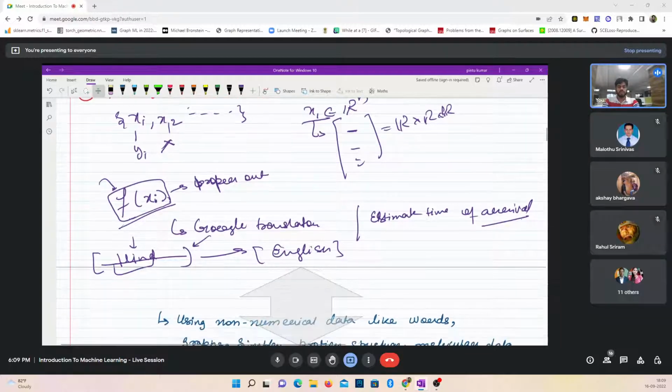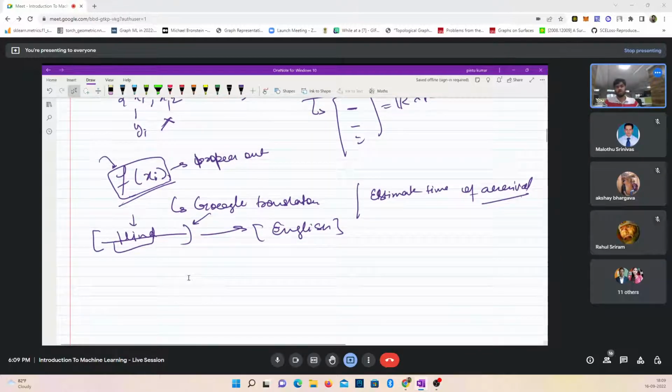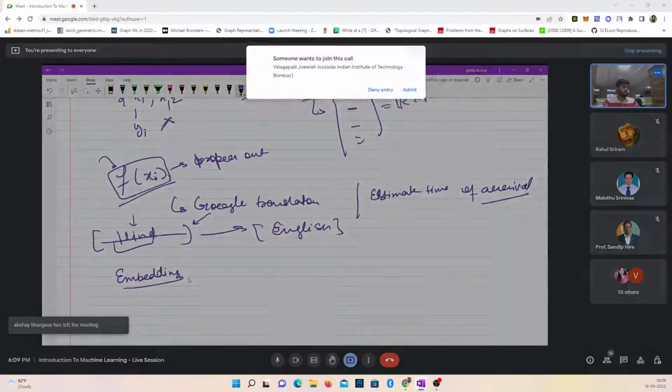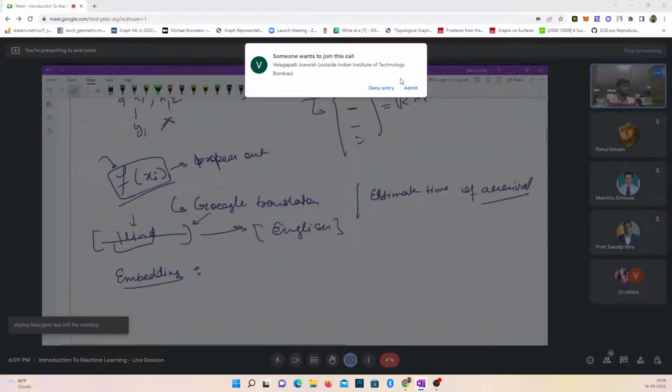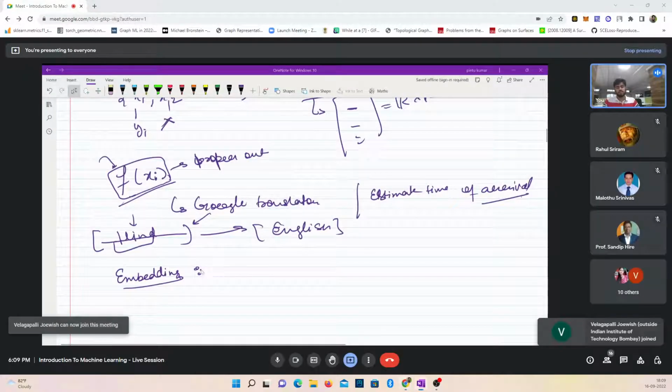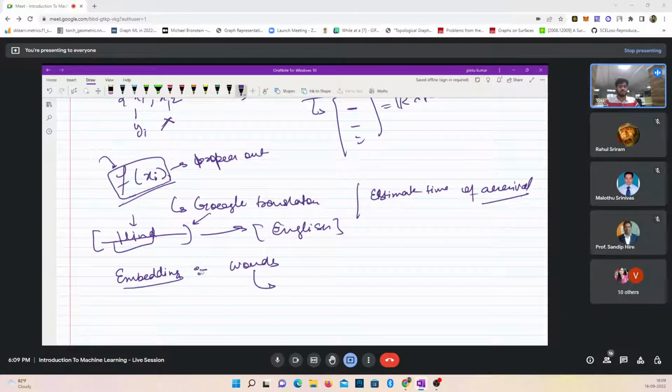To deal with those situations, what we look forward to is something called embeddings. Whatever data set we are working with, if we are working with, let's say, words, then we want these words to be converted into some vectors, then apply some machine learning algorithm on top of it, get the output, and then convert it back to our desired data type.